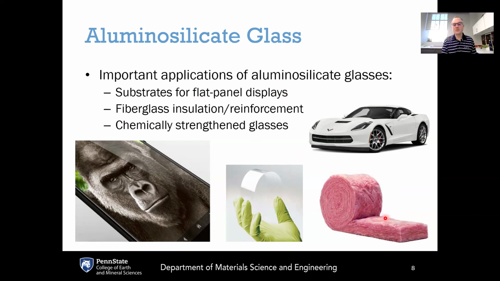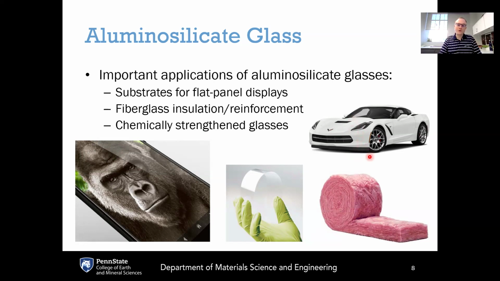Aluminosilicates are also made into fiberglass. These are used for fiberglass insulation because of the ability to be formed into fibers and because of the high temperature resistance of aluminosilicate glasses. And aluminosilicate glass fibers can be incorporated into composites too, using a polymer filler. And fiberglass is actually a great material for making vehicles from. So this is a Corvette.